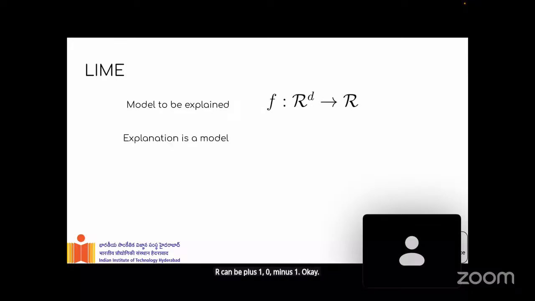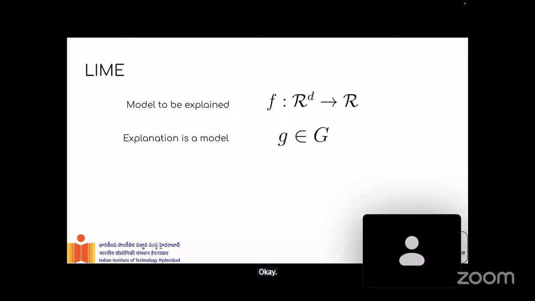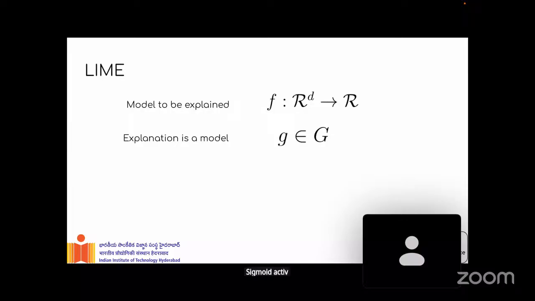Three classes. The explanation you are providing is via a simple linear model. G, capital G, is the family of linear models, linear or logistic regression, because it is a classification. You can think of it as a logistic regression, a simple linear model that will pass through the sigmoid activation.